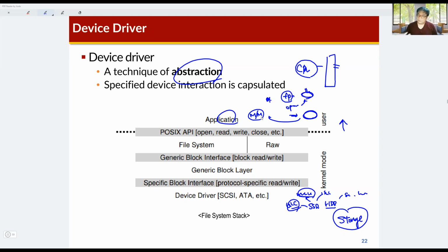And if the processing is done, we close this file and then release the file pointer. That's how the data is handled by the application. So which commands are supported? Open, read, write, close. They're very simple commands.